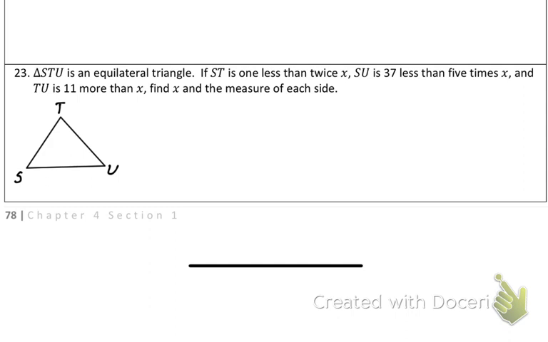So if you look here, it says ST is 1 less than twice x. What do you think of when I say twice x for an equation? We think 2x, right? So we know there's a 2x in there. We have 1 less than 2x. Less should tell me 2x minus 1. So we're going to find ST, input 2x minus 1.